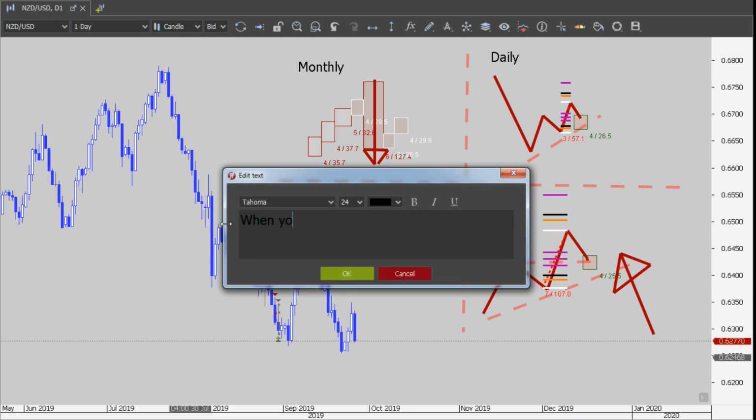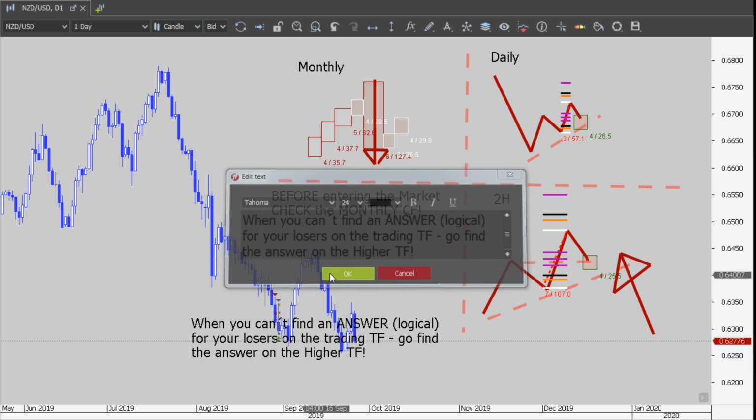When you can't find a logical answer on the trading time frame, when you can't find a logical answer for your losers, and we all do have losers from time to time, on the trading time frame, go find the answer on the higher time frame. This is a golden nugget.